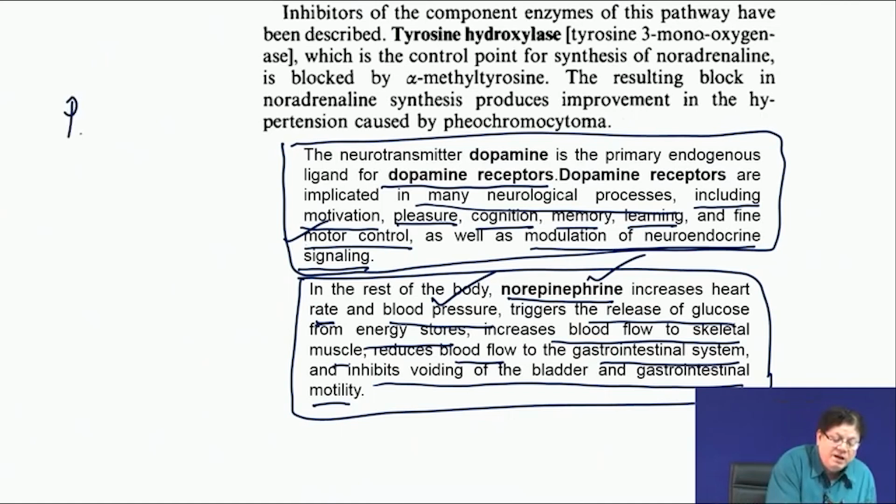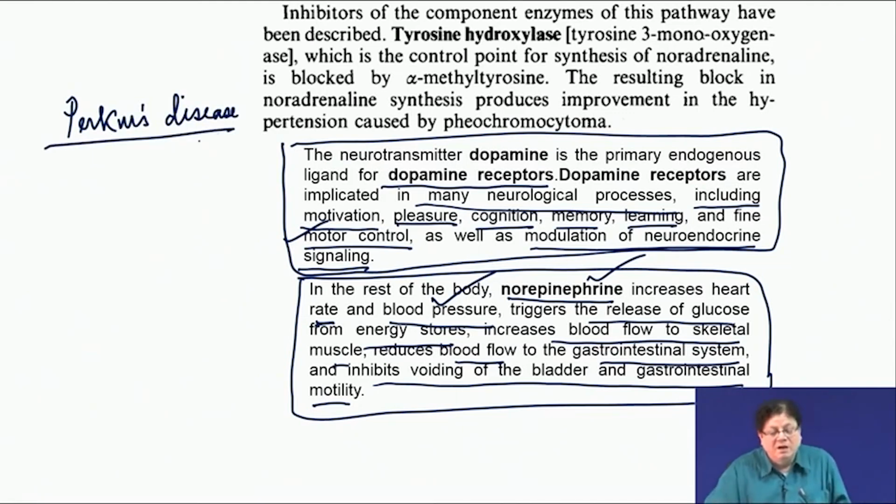Parkinson's disease is a very bad disease, where people lose the motor functions. They cannot even move their hands or limbs. Also, they cannot remember things, because the cognition behavior also goes off. Memory also is not there.